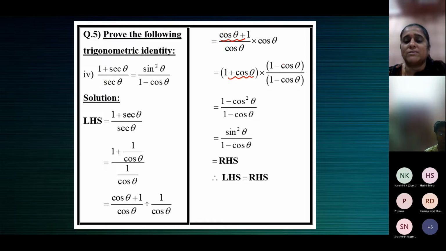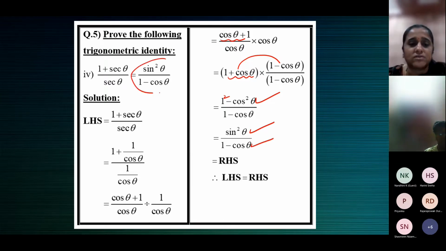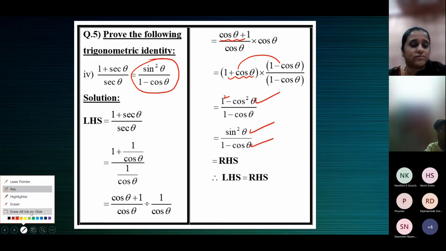So 1 plus cos theta into 1 minus cos theta: A plus B into A minus B is A square minus B square, so 1 square minus cos square theta, divided by 1 minus cos theta. Now the numerator 1 minus cos square theta is sine square theta by the identity, and the denominator stays 1 minus cos theta, which is the RHS. Yes, start writing. Hence proved.